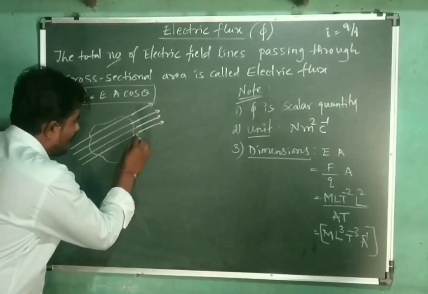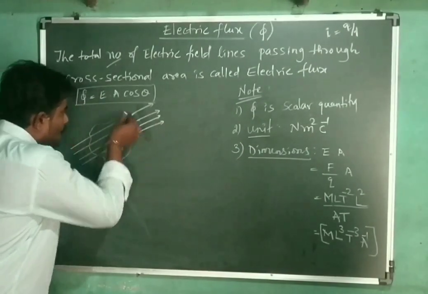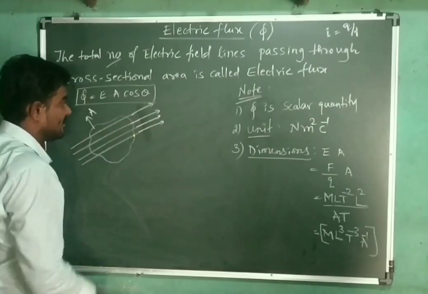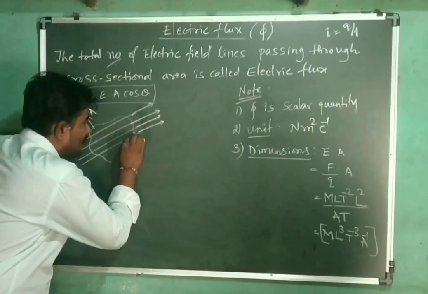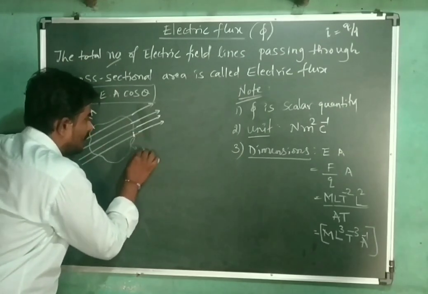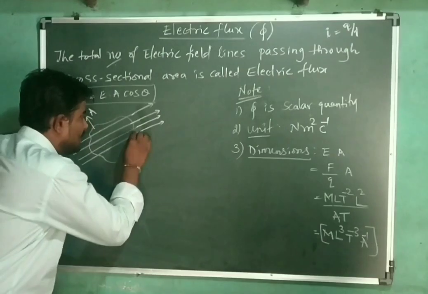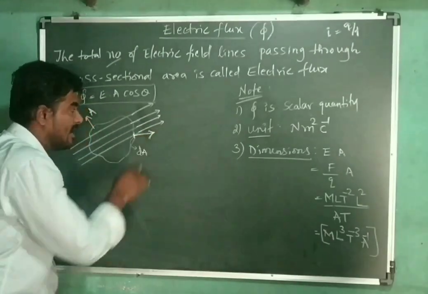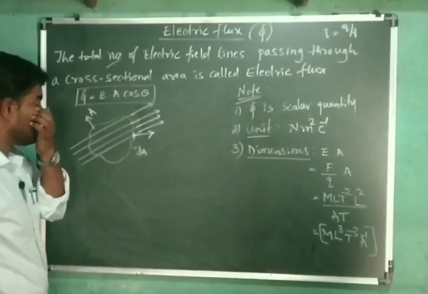If I consider this area, the whole surface or whole area is how much? A. Whole area is A. And if I consider a very small area, let us call it dA. For this area, this will be the area vector. Area vector is always perpendicular to the surface.